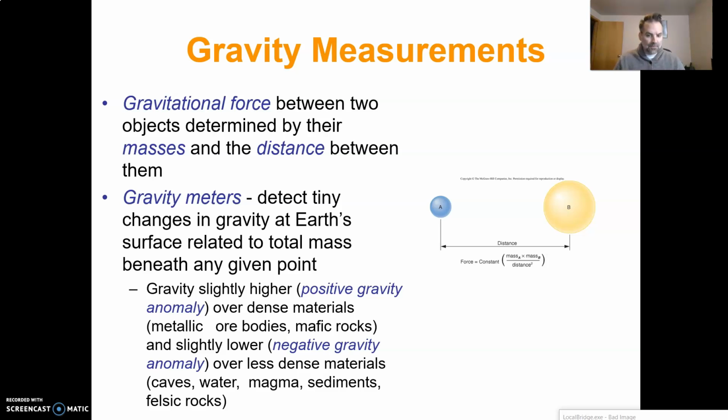If you place a gravity meter over, let's say, a large ore body underneath in the ground, it's going to pick up a positive gravity anomaly, and that has to do with the density of the material below. Also, a negative gravity anomaly represents something that's less dense. So you're talking about caves, water, magma, different sediments, and also felsic rocks.